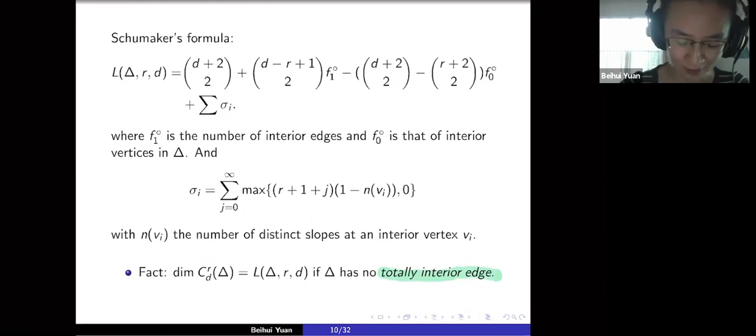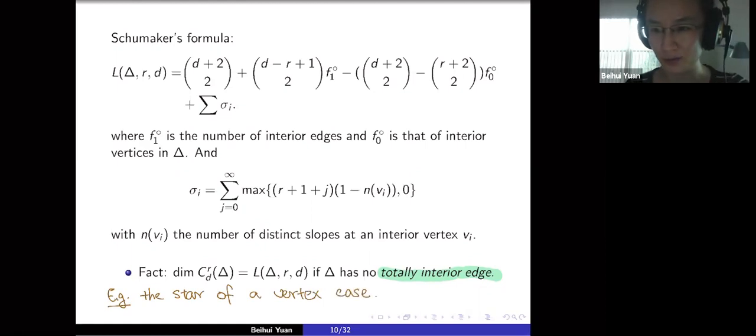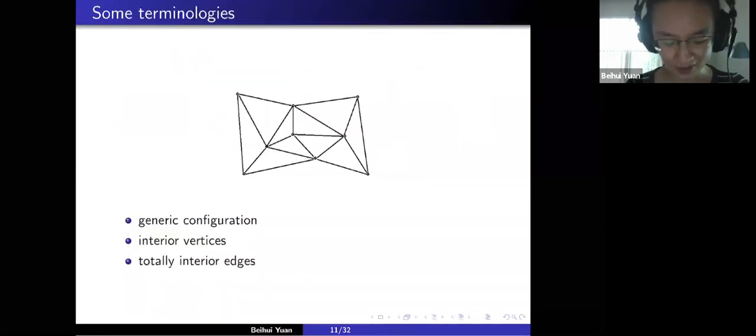One example is the star of a vertex case. In that case, it just works, okay? And of course, I will tell you what this thing is. So let's introduce some terminologies first.